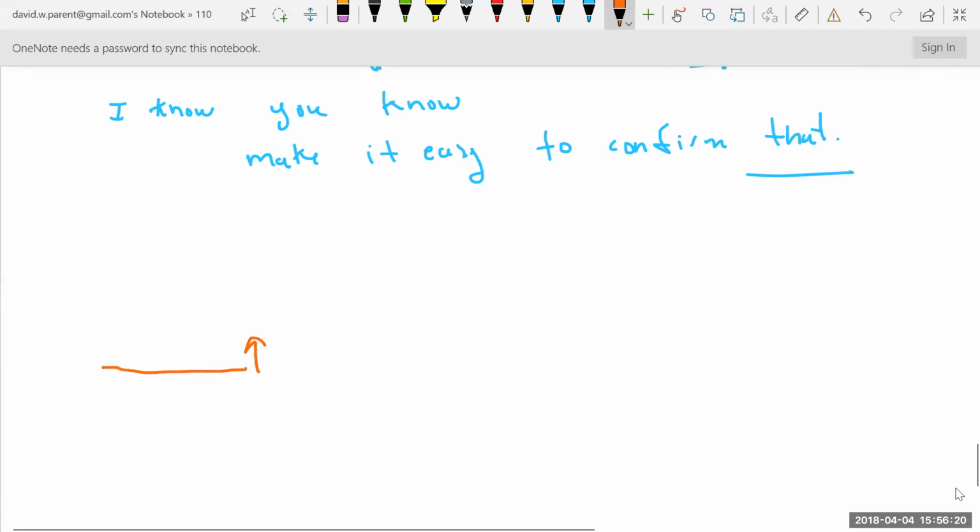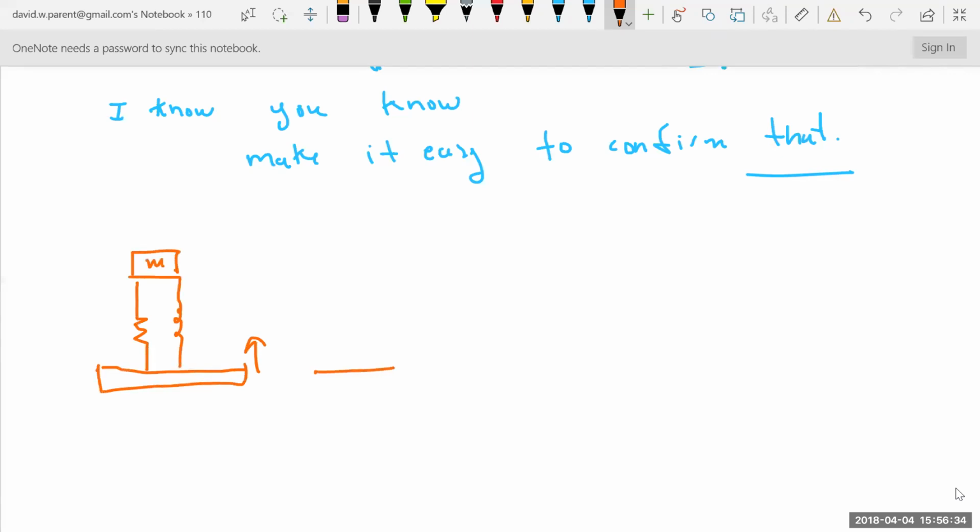So for this moving platform, right, we've done this, and we've done this. And this one turns out to be the series. I mean, look at it. These are in parallel. This is in series.